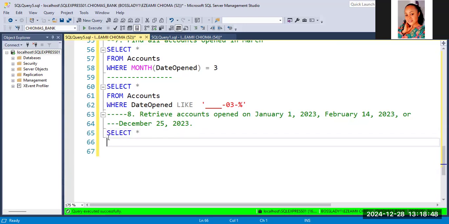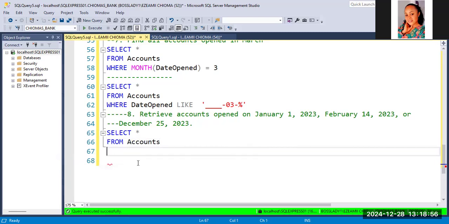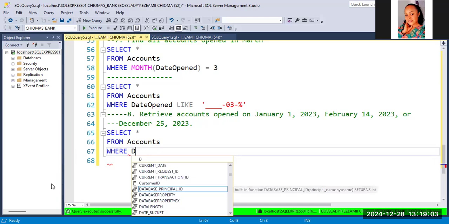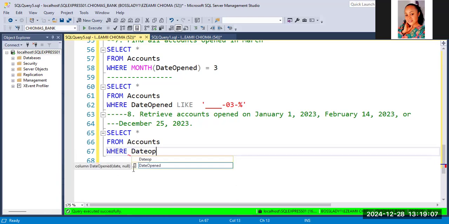So for us to get this, we have to filter our data, okay? From the accounts table. So if you look at this, it is date opened we're going to use, all right? The question will always tell you what is needed, then you will know the column we should work with. So where date opened in. Because we have many dates to look out for, we'll use this.